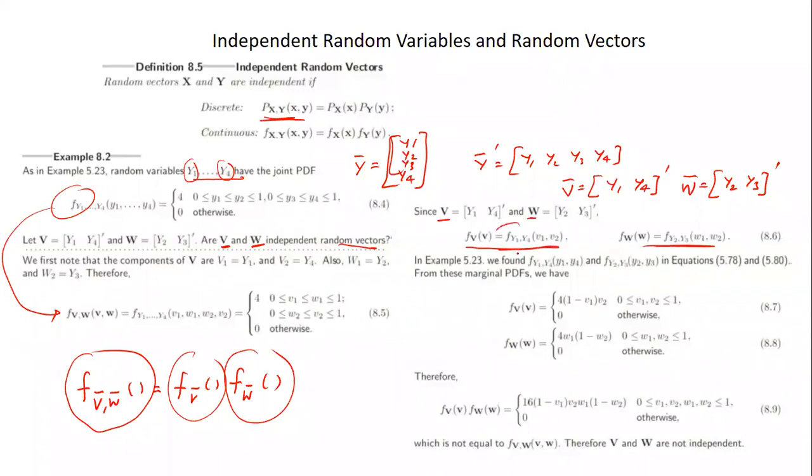To find this joint PDF, we have to integrate this, right, over the range of Y2 and Y3. So this is going to be equivalent to integration of F of V, W, dy2 and dy3.